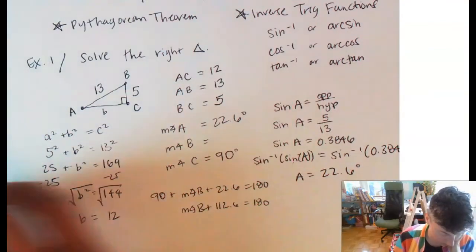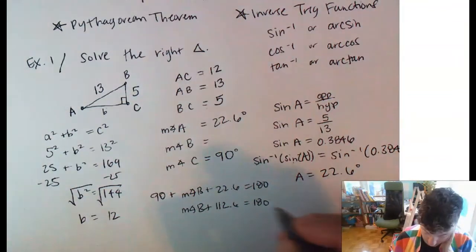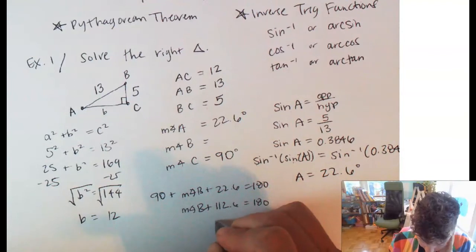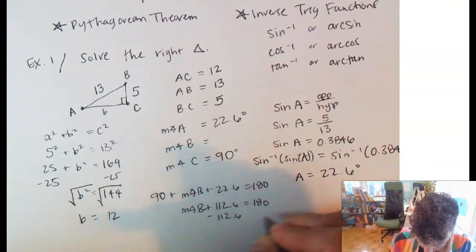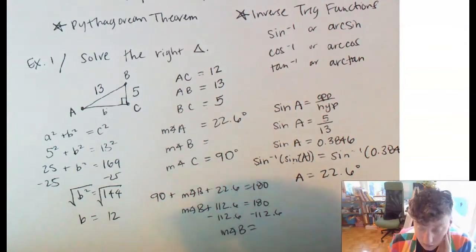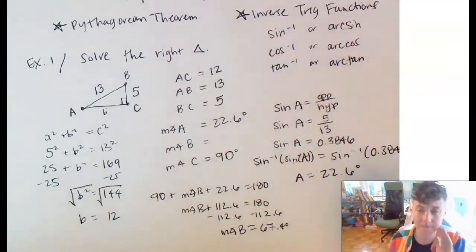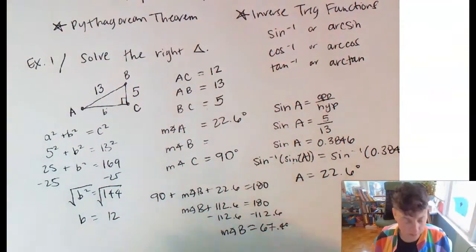I'm just struggling so hard right now. 67.4 degrees. The measure of angle B will equal 67.4 degrees. That's one way to do it.